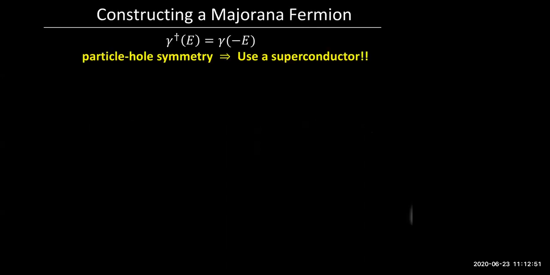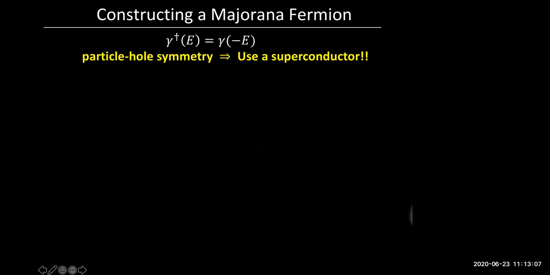So let's ask the question. I've just given you a glimpse of how you create these Majorana particles. Let's ask a deeper question. Why is it that you can actually create Majorana particles in the solid? How does this even work? So here's the equation that you want to satisfy. You want to create particles that are their own antiparticles.